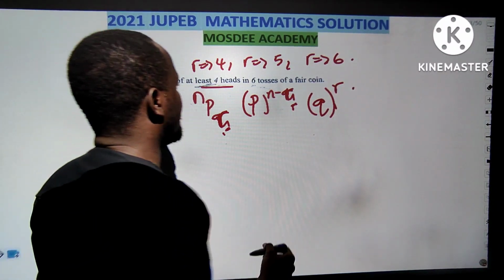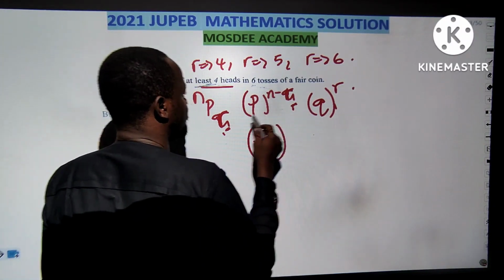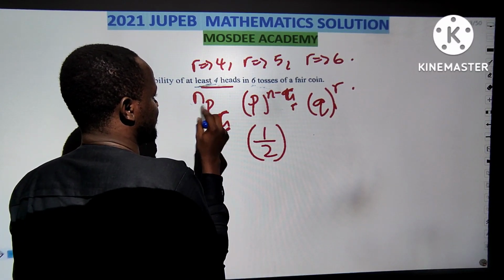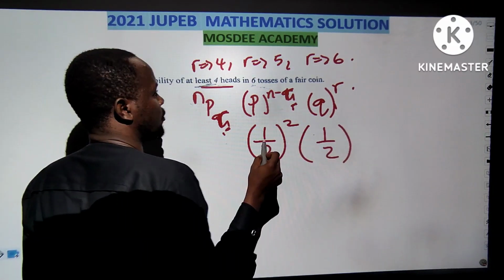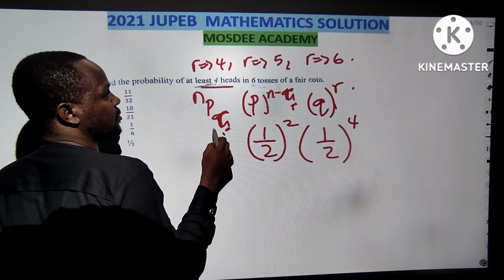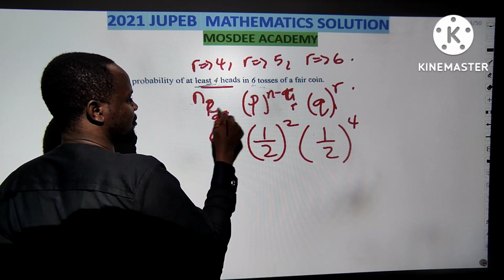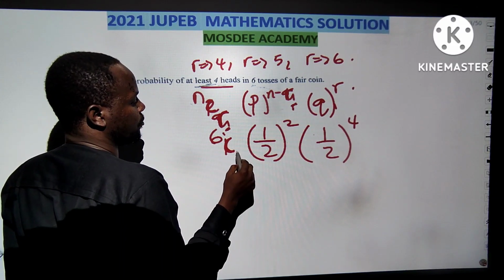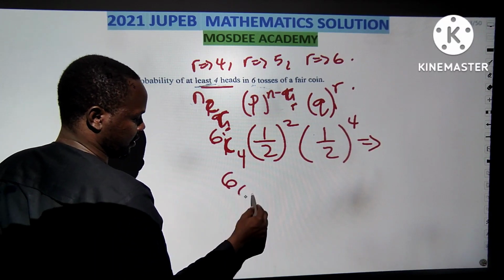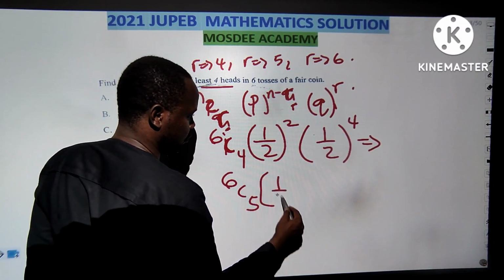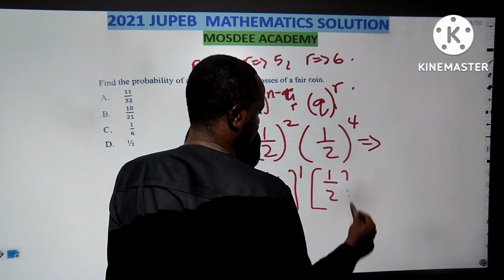Statistics side now. Head and tail, the probabilities are 1 over 2 for both of them. So if I do for 4, that is 6 minus 4, 2, then failure is 1 over 2 raised to power 2, and success 1 over 2 raised to power 4. There are 6 tosses, so 6 combination 4. Then for 5, it's 6 combination 5, 1 over 2 raised to power 6 minus 5 is 1, then 1 over 2 raised to power 5.